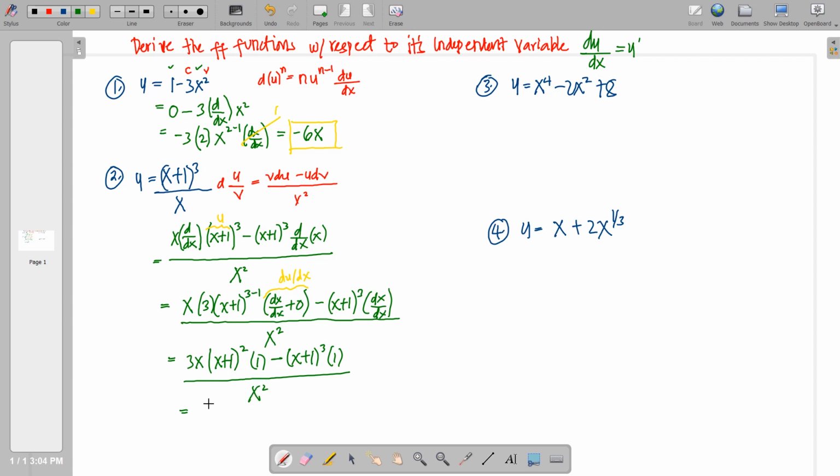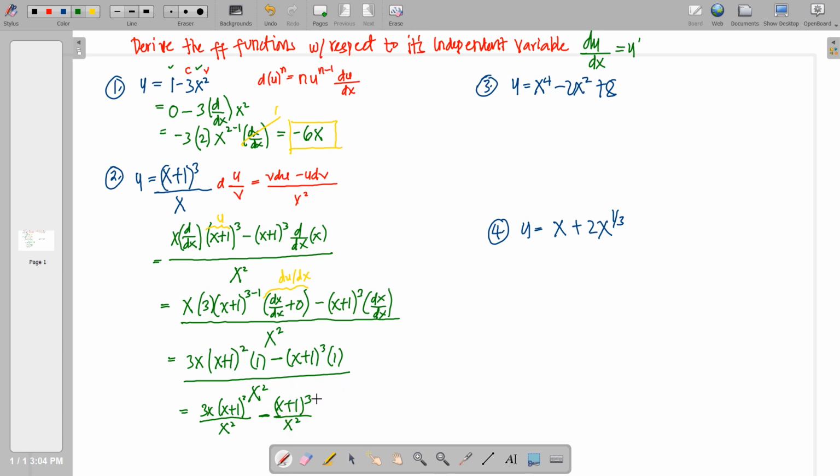So this shall become 3x times x plus 1 squared all over x squared, minus x plus 1, this is cube, all over x squared.